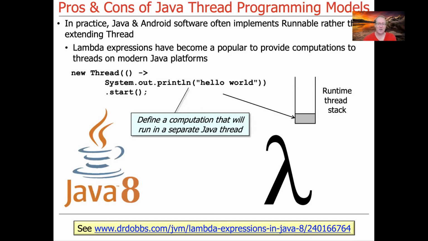So as we see here, we're just passing in a computation as a Lambda expression, which will print hello world in a background thread. And there's no need to make an extension of Thread. We don't have to implement Runnable per se. This really is an implementation of Runnable, but it's an anonymous implementation of Runnable, and therefore can be more concise and in some cases easier to understand relative to other ways of doing things.